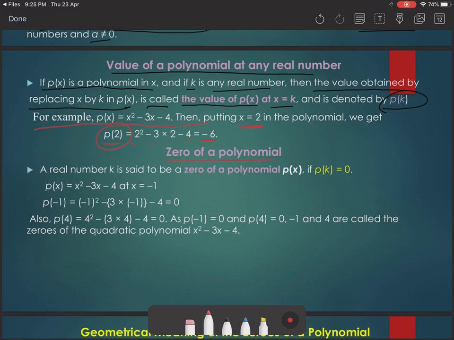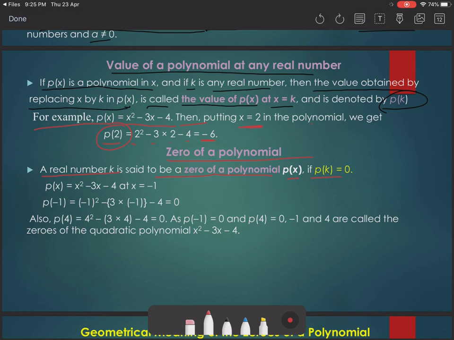Next definition, zero of a polynomial. A real number k is said to be a zero of a polynomial p(x) if p(k) is equal to 0. That means any number for which the value of the polynomial is 0, that number is called a zero of that polynomial.